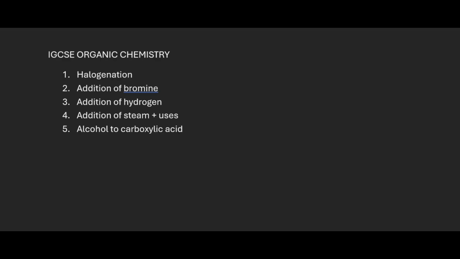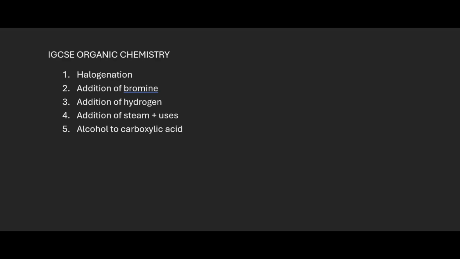Now, there's also combustion of alkenes. I haven't written it down over here because it is basically just the same as alkanes. Now we're going to look at addition of hydrogen. This is for alkenes. As in my previous example, I'm going to take ethene and we can add hydrogen to it. That will form ethane because the double bond in ethene opens up, and on each end we have a new hydrogen atom.